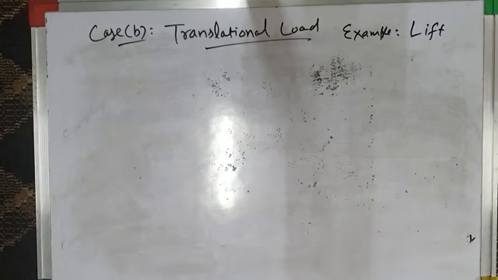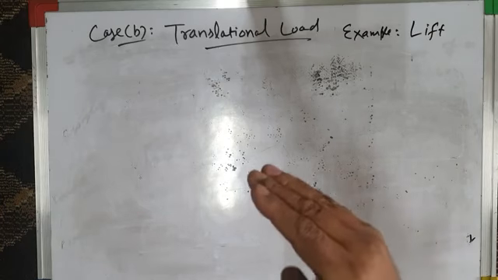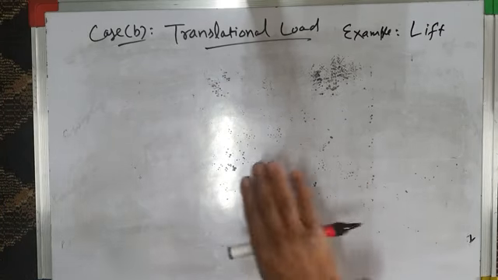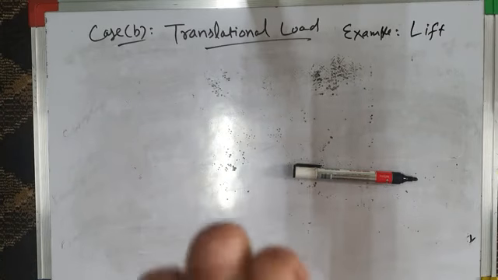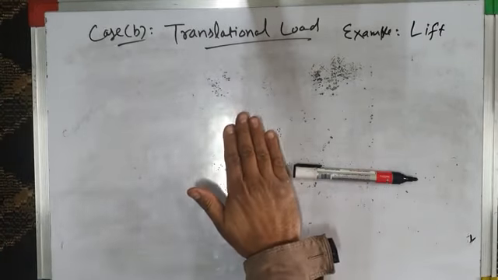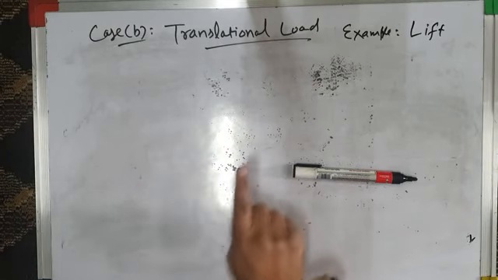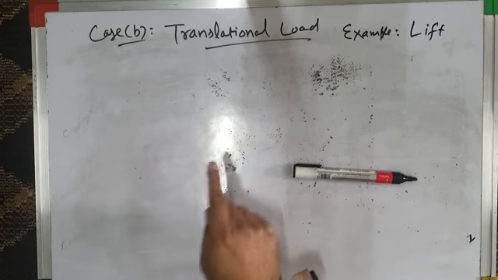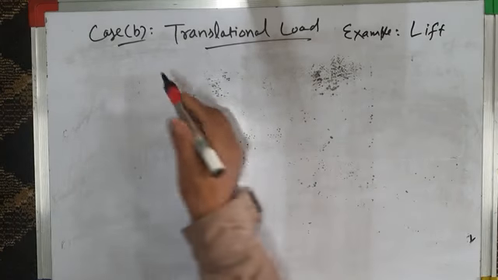A lift is driven by a motor. The motor basically produces rotating motion, but that rotating motion is converted into linear motion. The lift moves from the ground floor to some top floor and from the top floor to the ground floor. So this is linear motion, not rotating motion. But the motor produces rotational motion, and that rotational motion has to be converted into translational or linear motion. So the example is a lift.